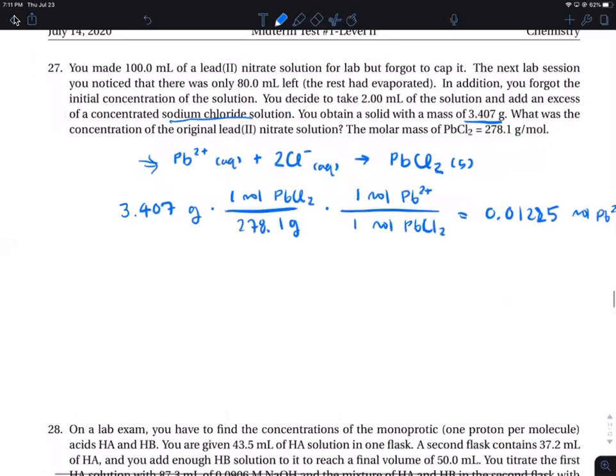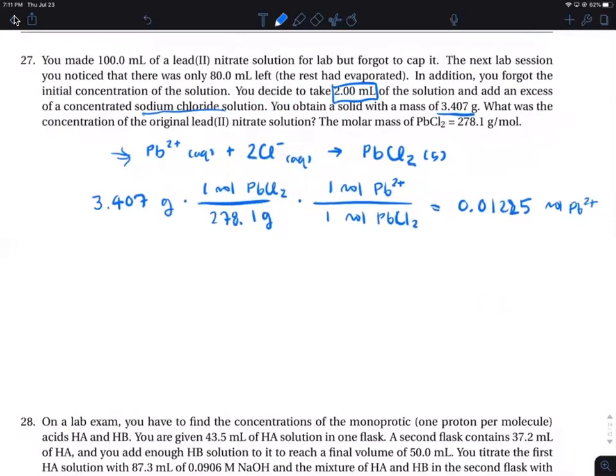So we know we have 2 milliliters of this solution. So let's find the molarity. It's going to just be moles over liters. This many moles divided by, so 2 milliliters is the same as 2 times 10 to the minus 3 liters.